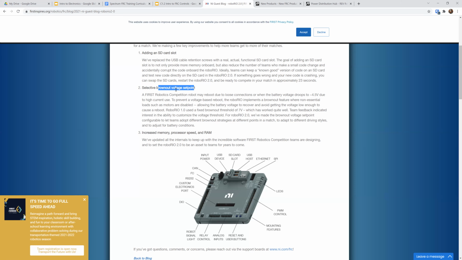As we're driving and it gets lower and lower, at some point there's not enough voltage, and the RoboRIO would basically turn off motors or the battery or the radio, things like that. One of the changes to the RoboRIO 2.0 is that the brownout voltage set point can be configurable. We probably shouldn't be messing with that unless we have a really, really good reason. But that is a change there as well.